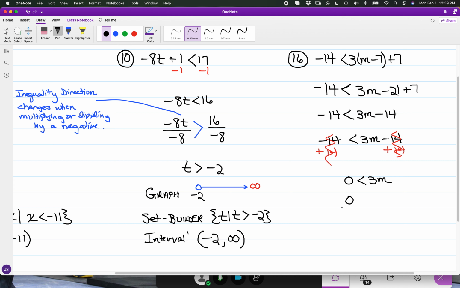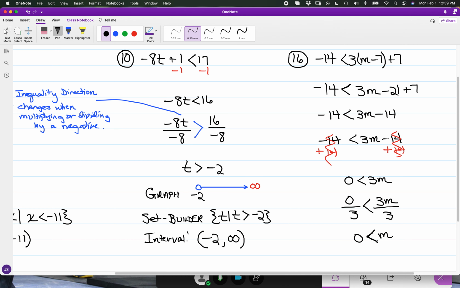So if I divide by 3, this time we are dividing by a positive constant, so the inequality direction will remain fixed. Okay, so 0 divided by 3 is 0, and we have that 0 is less than m.